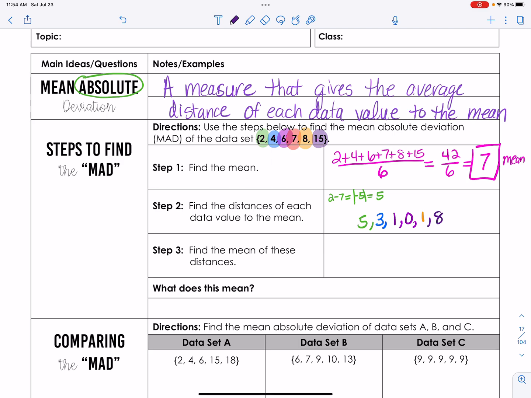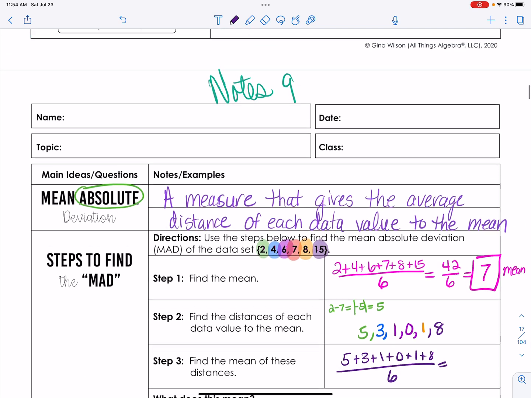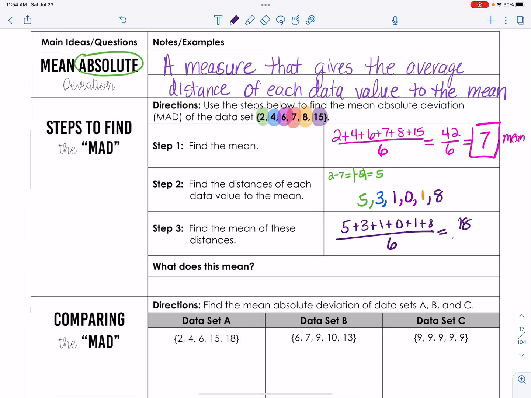And then you're going to take those numbers, 5 plus 3 plus 1 plus 0 plus 1 plus 8, and find the average of those numbers. So 5 plus 3 is 8. 8 plus 1 is 9. 10, that's 18. 18 divided by 6 is 3.